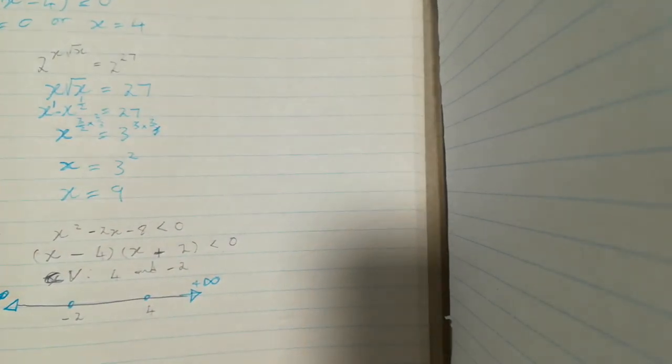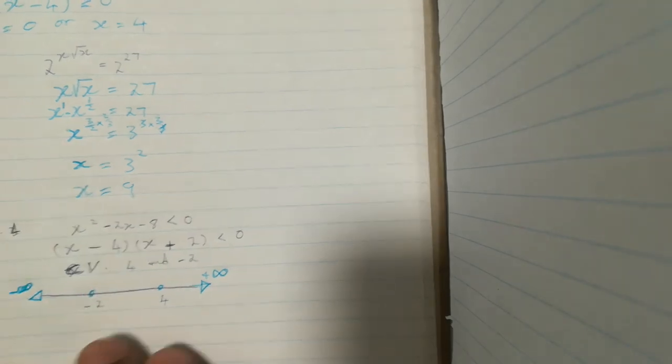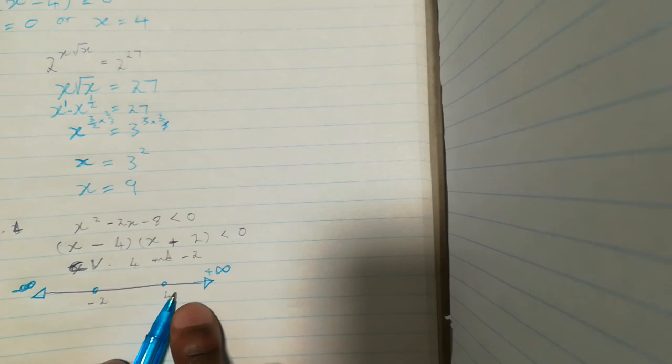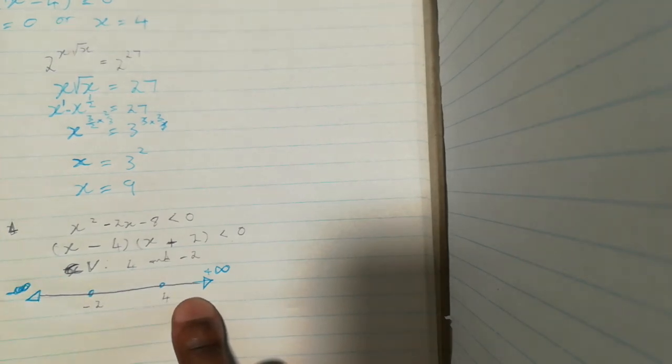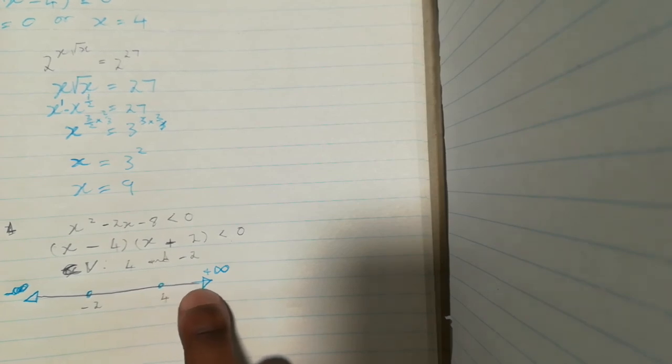Right, so in this question we are asked to solve this inequality. So what do you do? You take a number that is greater than 4. You can take 5, 6, 7, 8, or any number that is bigger than 4.